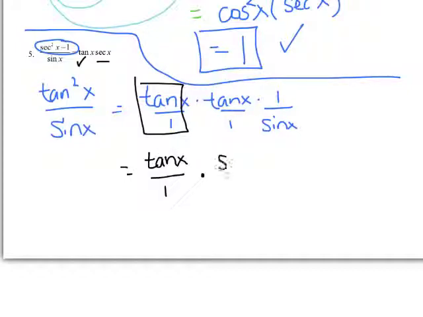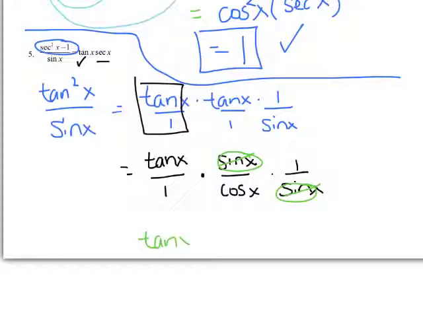But this tangent I'm writing as sine over cosine, and this I'm going to keep as 1 over sine. Now this sine with this sine go away, and I'm left with tangent times 1 over cosine, which is secant. And still tangent, so tangent times secant. So we're done.